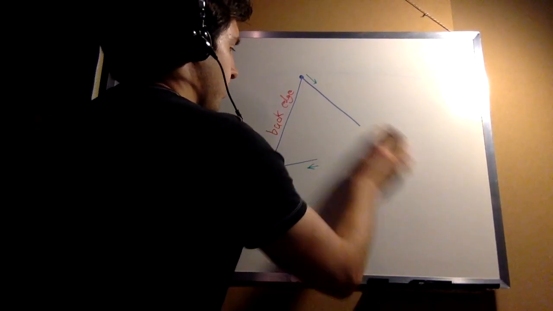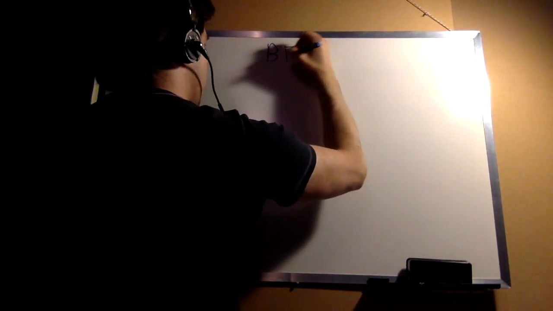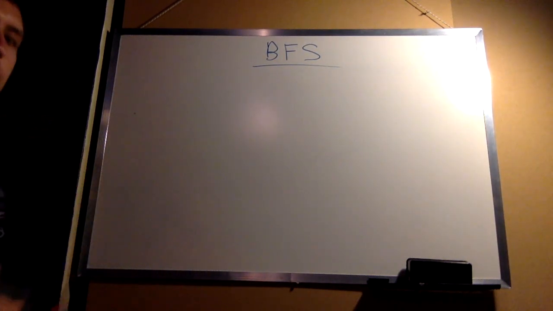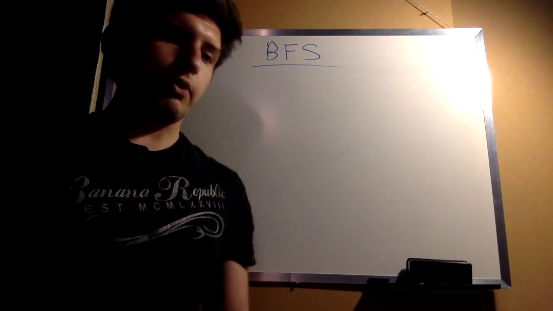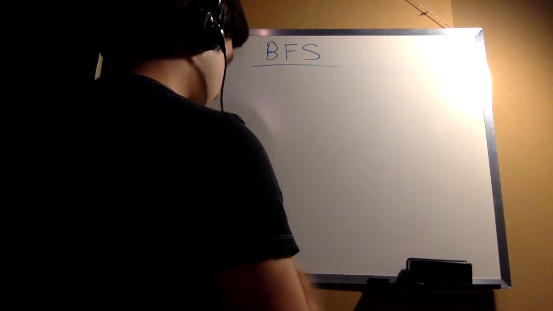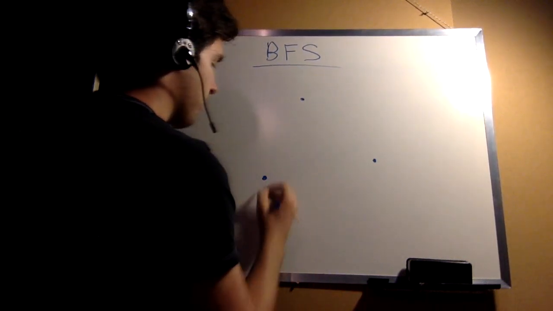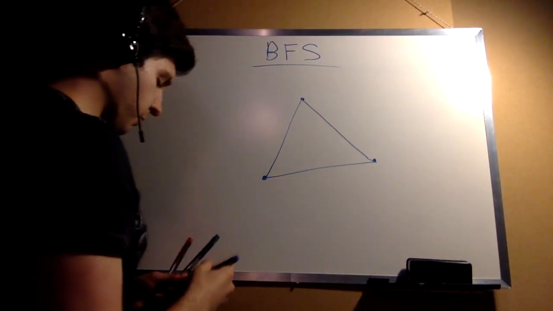All right, now let's consider BFS. So you might think that BFS would be able to handle this just as well as DFS. And, you know, it kind of intuitively makes sense. We keep parent pointers when we're exploring with a BFS, and we keep times and distances too. So let's play around with this. So let's draw our triangle again. Same one as before. And we'll start from here when we're exploring.